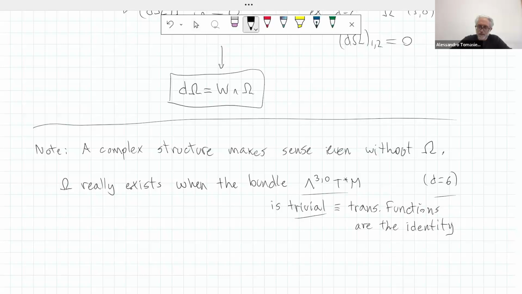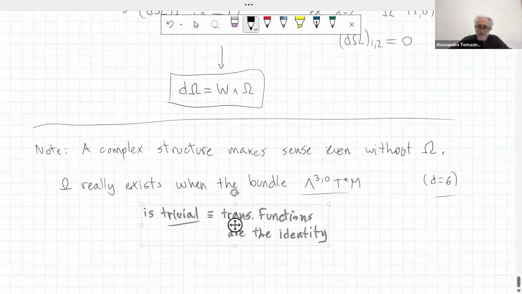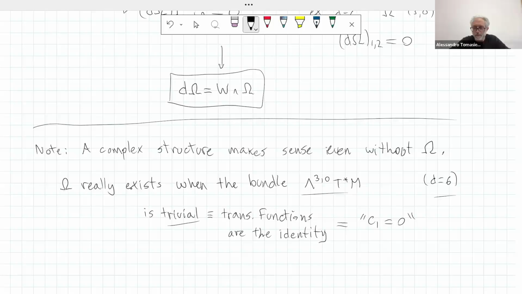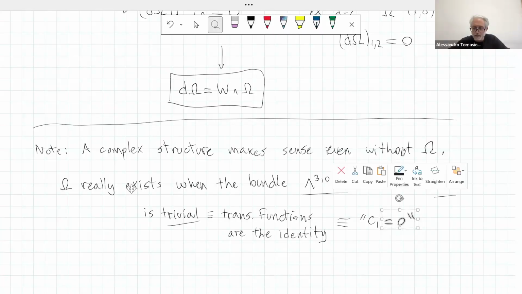There is a jargon, so this is really what we need, that the bundle be trivial, but people say C1 equals 0. For us, let's take that as a definition. C1 equals 0, C1 of the manifold.